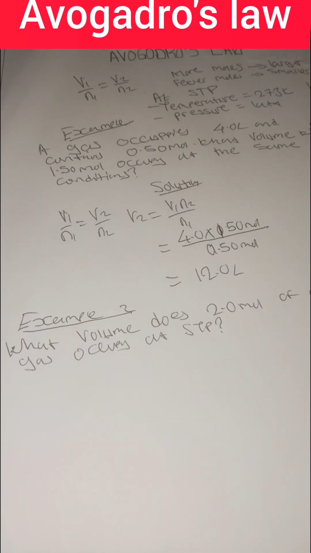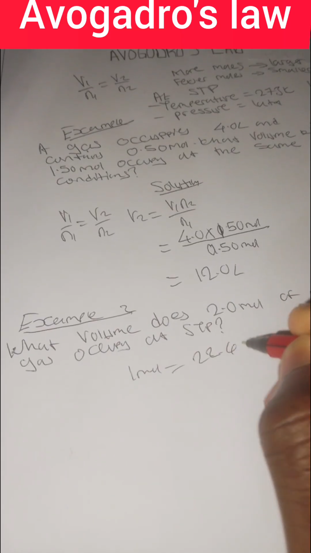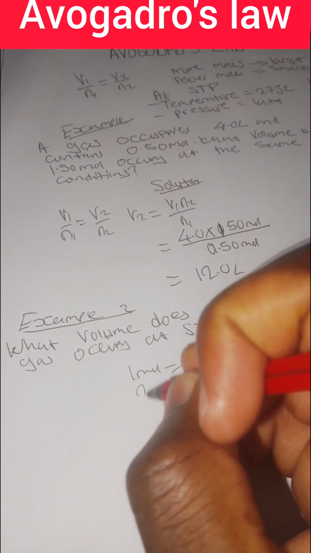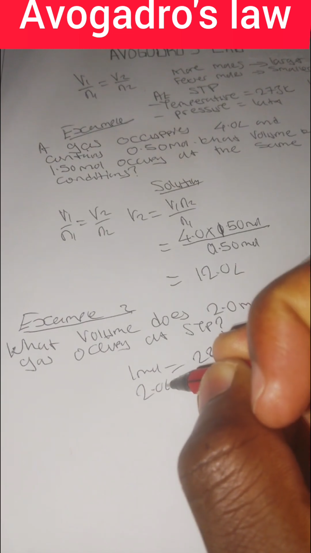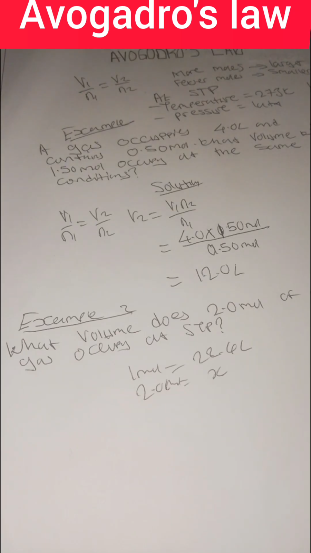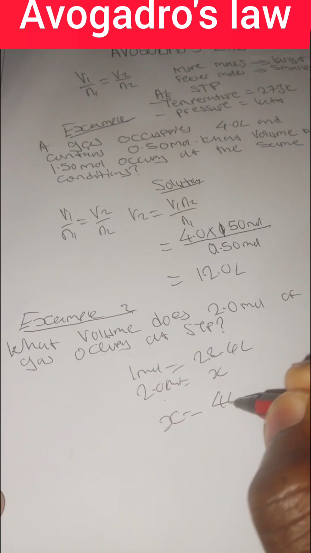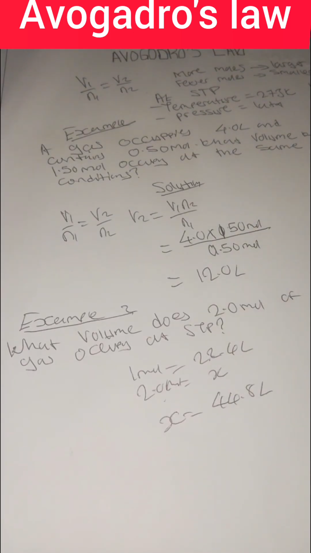Now here we have 2 moles, so we say that 1 mole is equal to 22.4 liters, and 2.0 moles is equal to X. So how are we going to find the value of X? We just multiply 2 moles times 22.4, which means the answer is going to be 44.8 liters. So the volume that 2 moles of gas occupy at standard temperature and pressure is 44.8 liters. We just used the condition that 1 mole of any gas is equal to 22.4 liters.